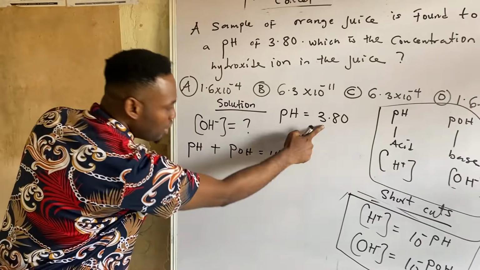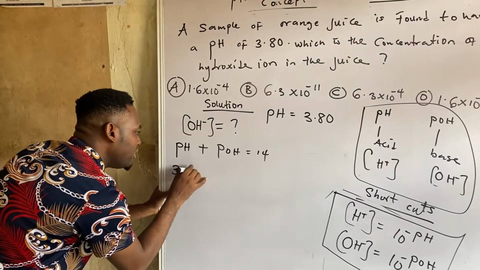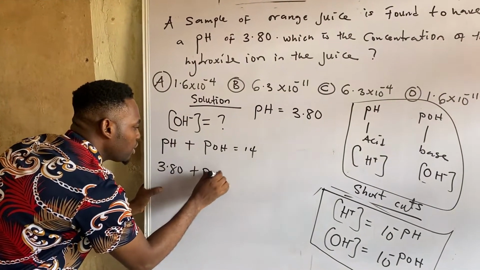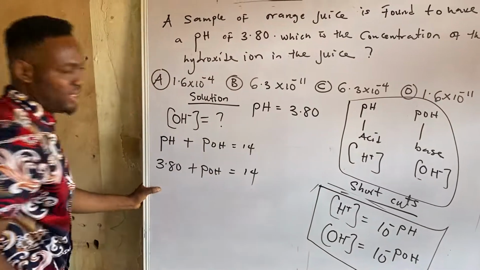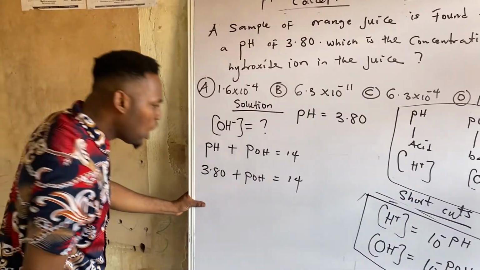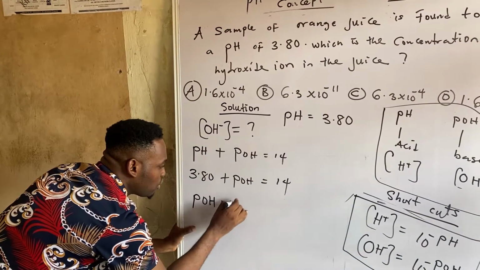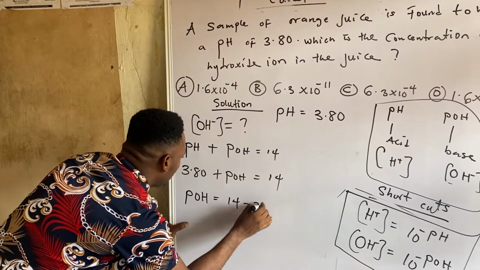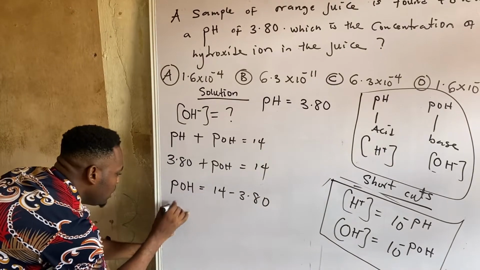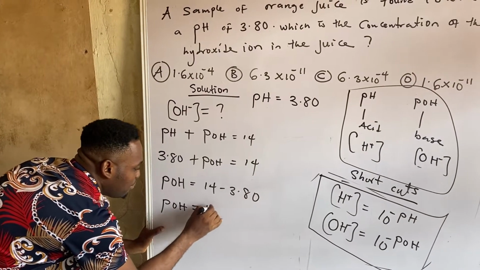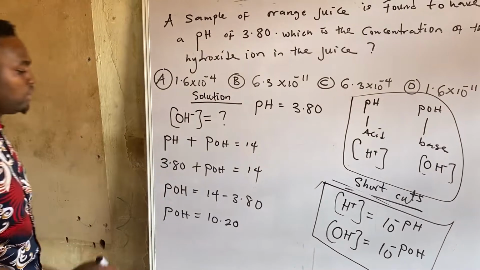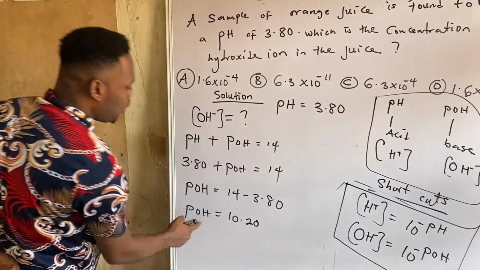What is the pH in the question? 3.80 plus pOH will give us 14. So what will be the pOH? pOH will be equal to 14 minus 3.80. If we do this, pOH will become 10.20.